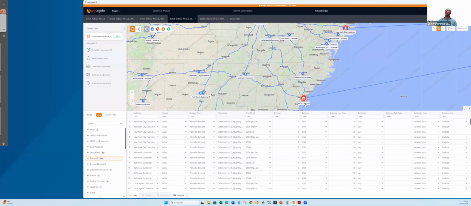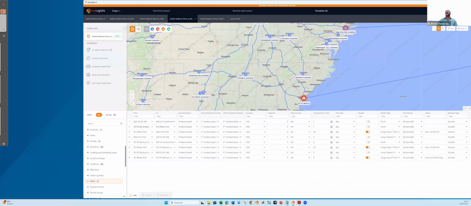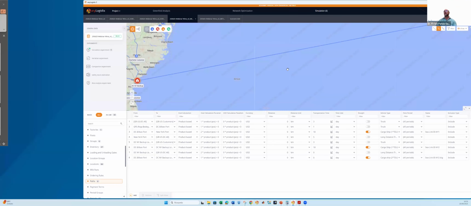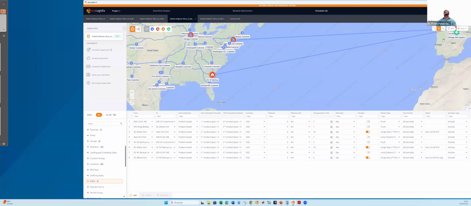So I created this distribution center called New York Backup, and, considering the demand that we had in the previous example, I had to create all the connections between my new backup distribution center and the Bilbao port.